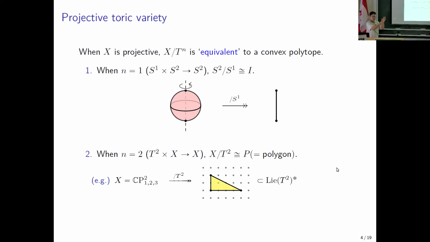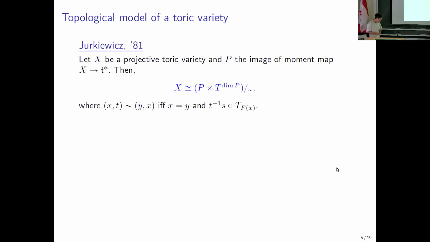So one way of constructing a toric variety from the convex polytope, we can follow this construction. When X is a projective toric variety, we can think of the image of the algebraic moment map, right?